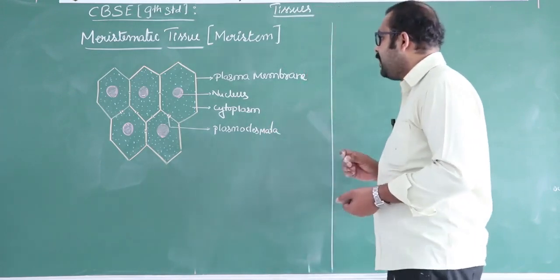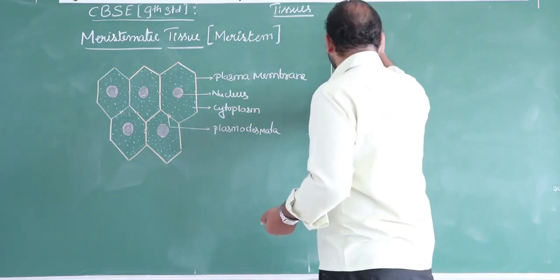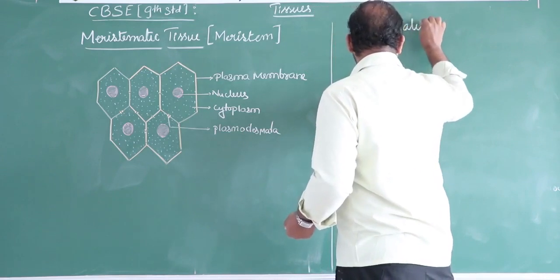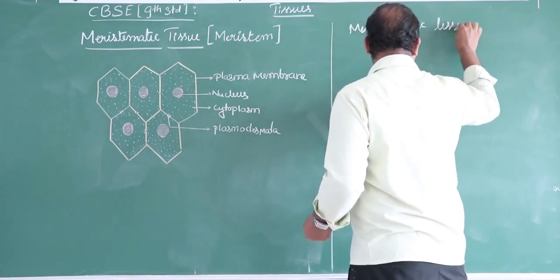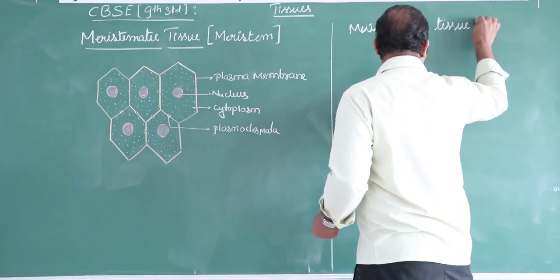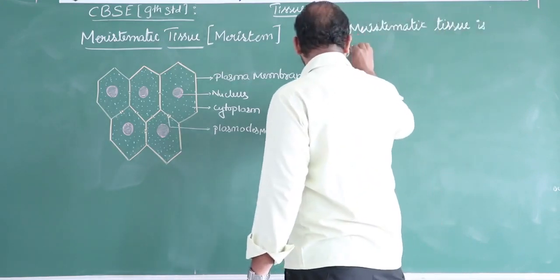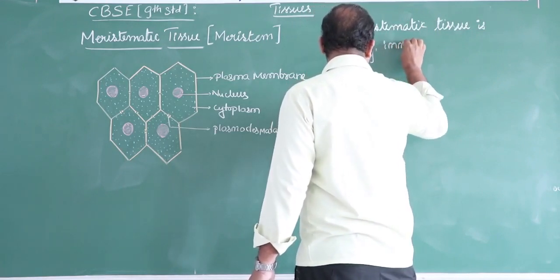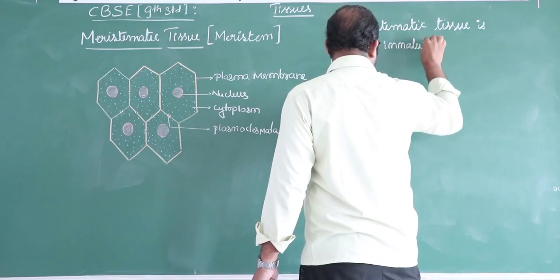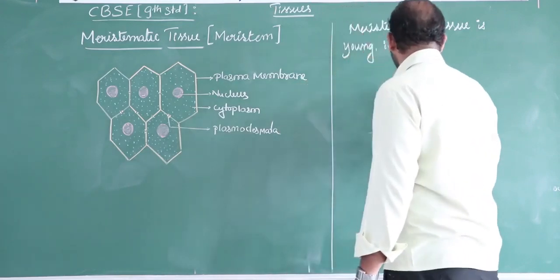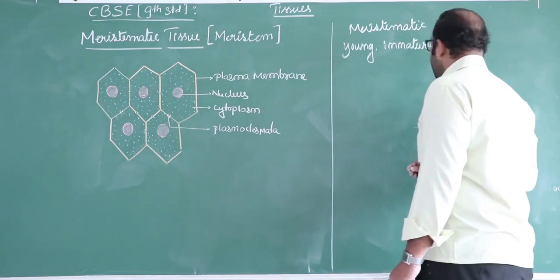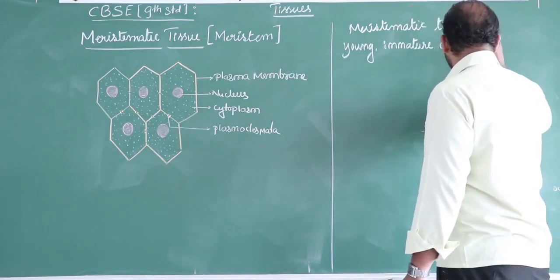Okay, so meristematic tissue. Meristematic tissue is young, immature cells that have the capacity of dividing.